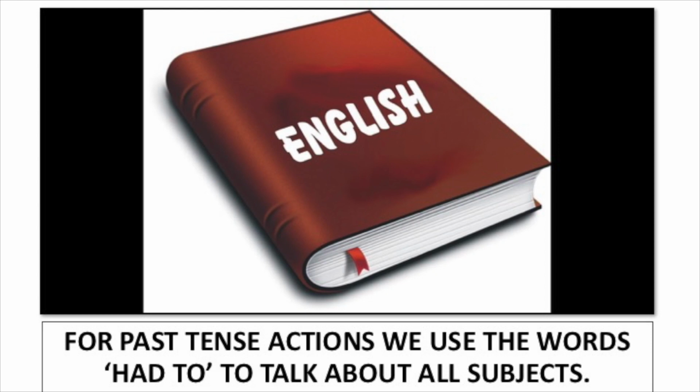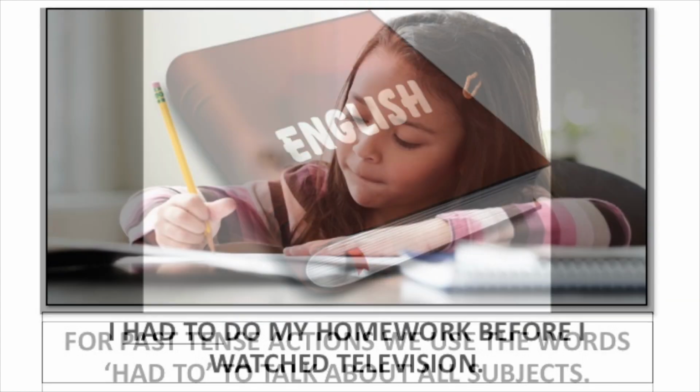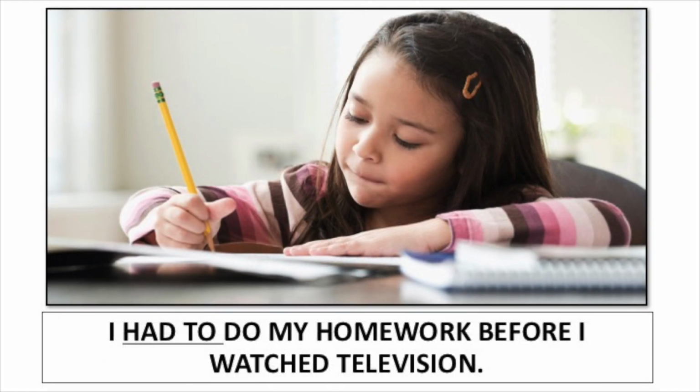Had to. To talk about all subjects. So the good news, in the past tense, use had to with everybody. No need to change. I had to do my homework before I watched television.